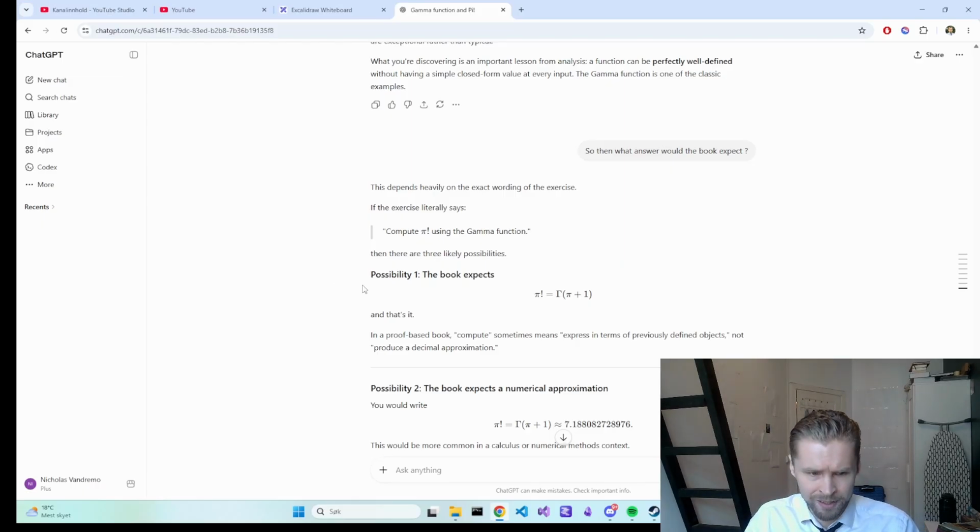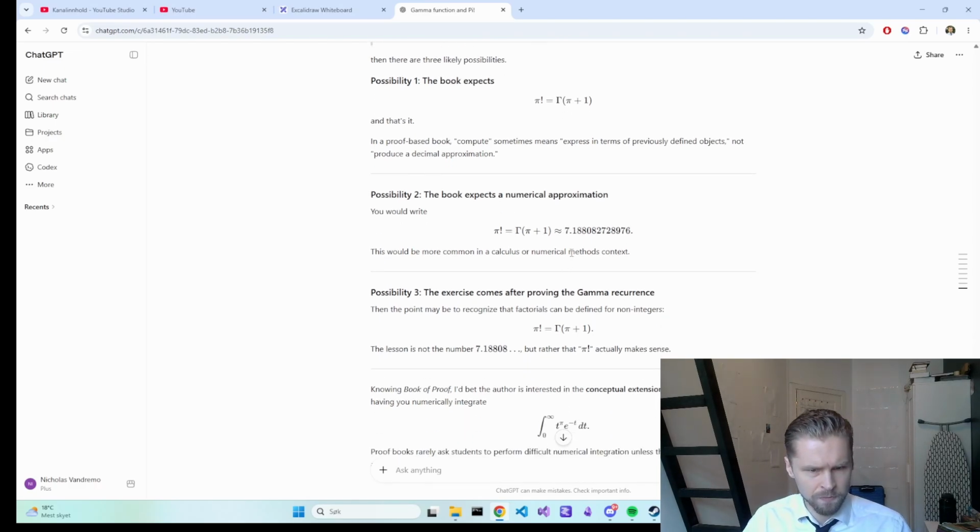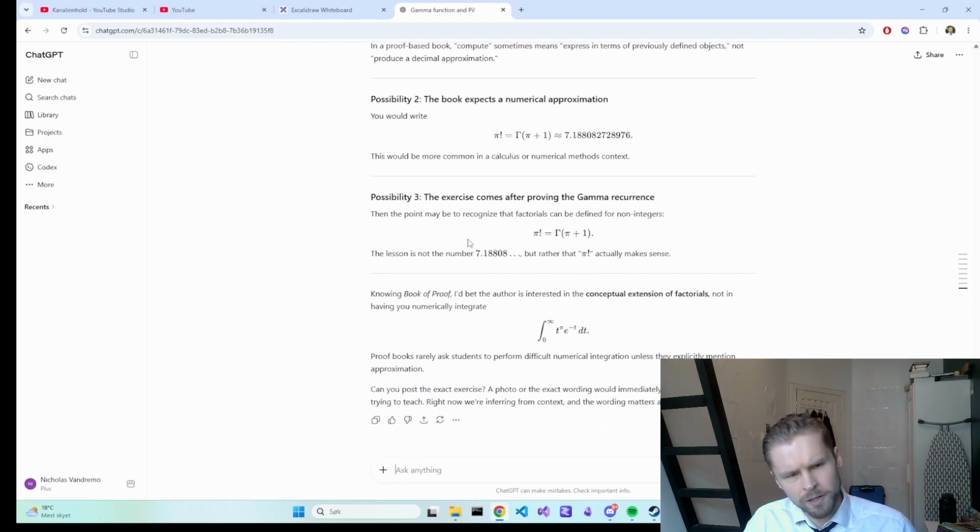That's way too easy. But then I would have to use numerical methods. And then this one looks extremely similar to possibility 1. Possibility 3: the exercise comes after proving the gamma recurrence. Then the point may be to recognize that factorials can be defined for non-integers.